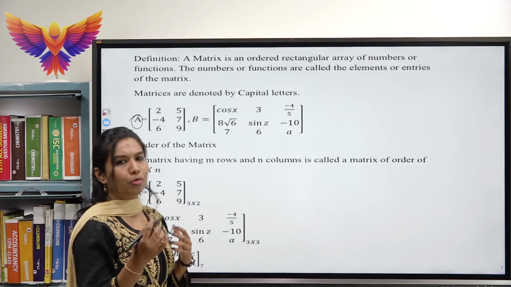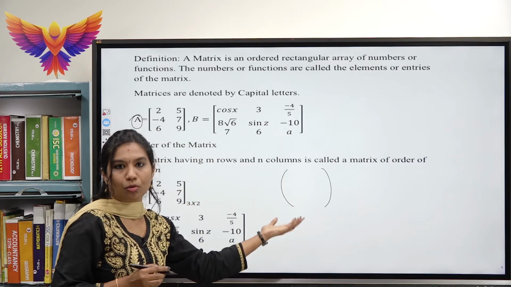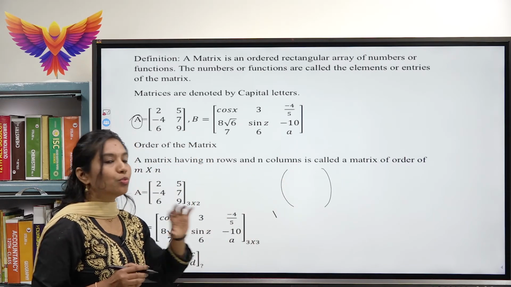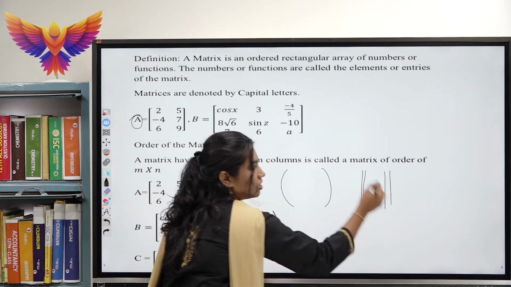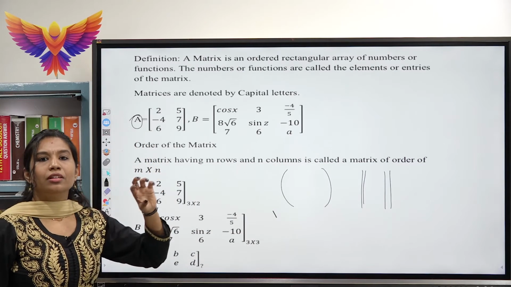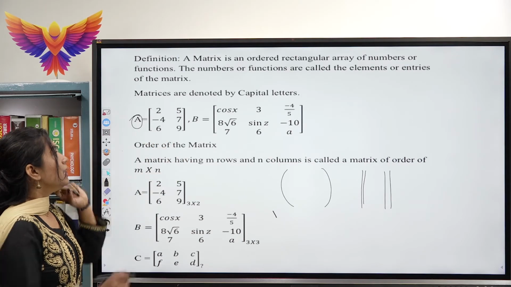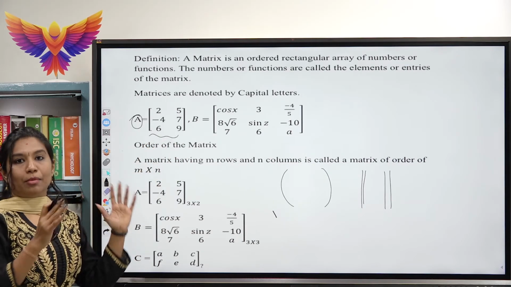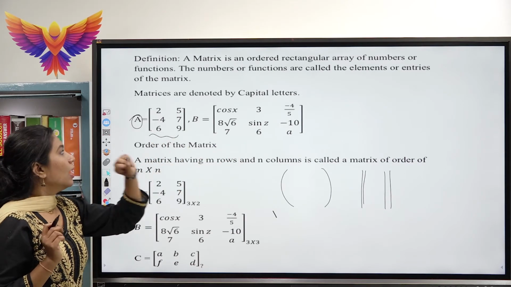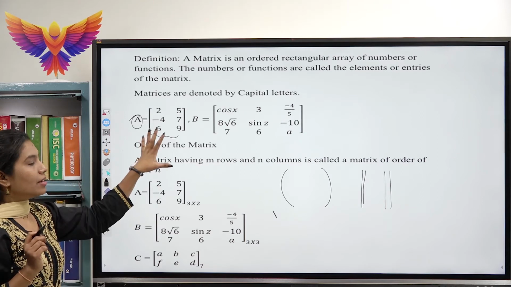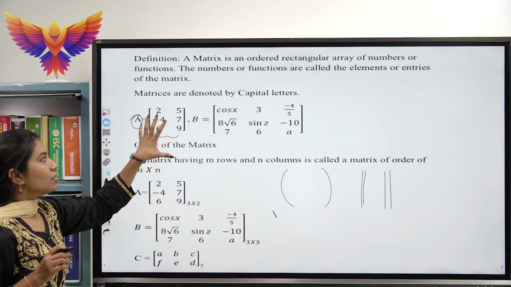Certain books follow round brackets, open and closed, or there are certain books which represent within two vertical bars. But usually in your textbooks we go with the normal square brackets. These are the elements of the matrix, represented within certain rows and columns.